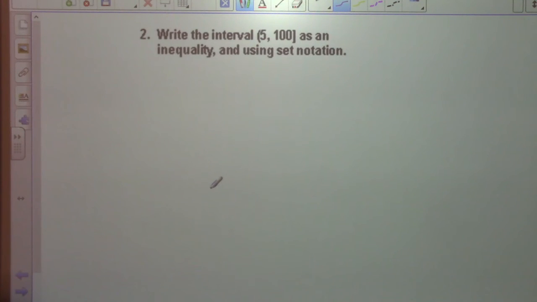And problem 3, and problem 4? It should. Here's a parentheses, here's a bracket, here's a 5, here's 100, here's a comma. So you can get your inequality. What I would do is get your inequality first, and then build from inequalities to your set notation.